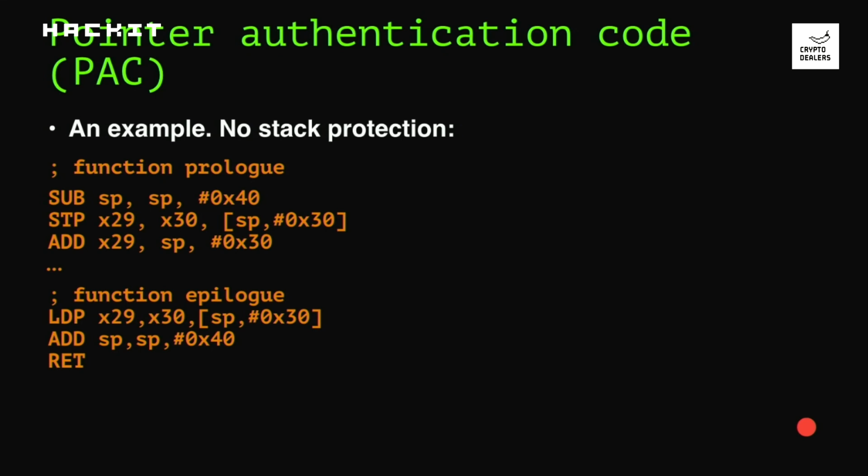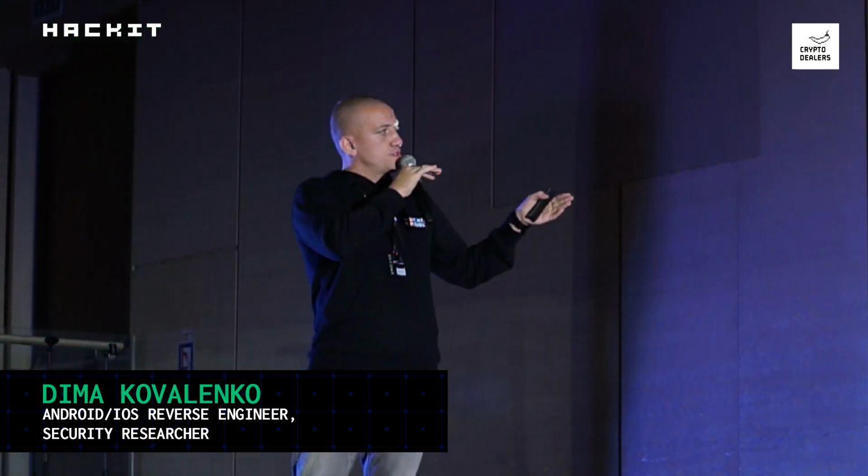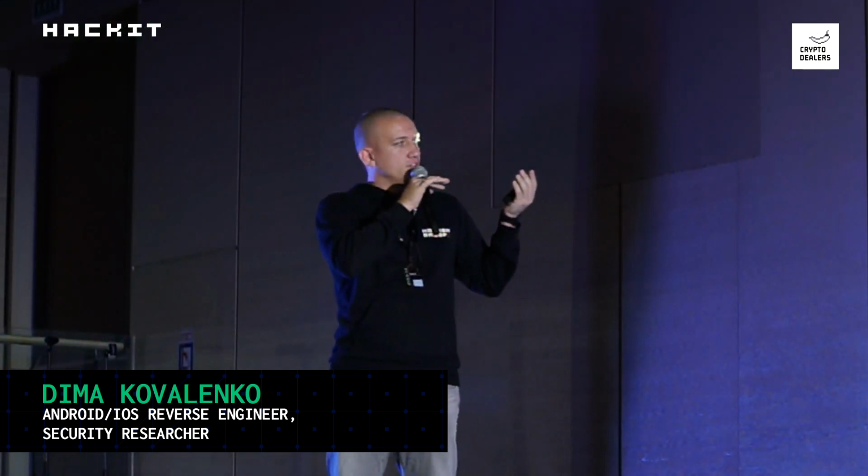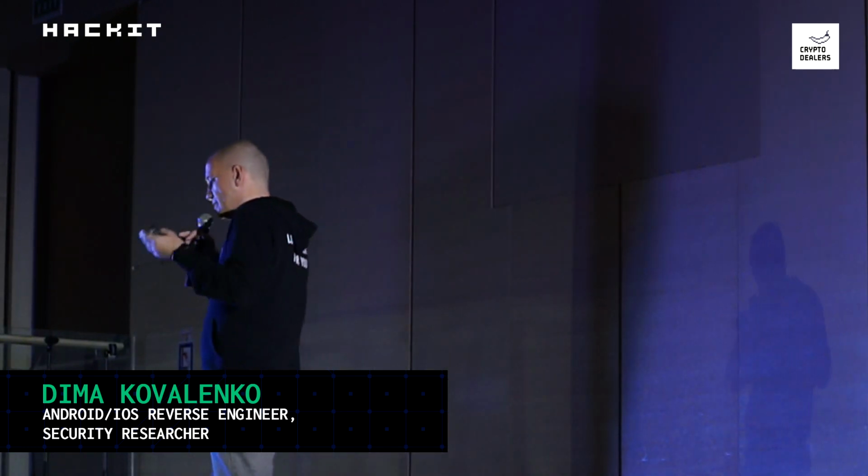This register points to a return point from the actual procedure. And the epilogue reads this pointer from memory to the link register and uses the ret instruction to return from the procedure.